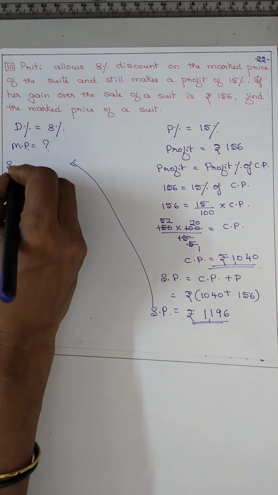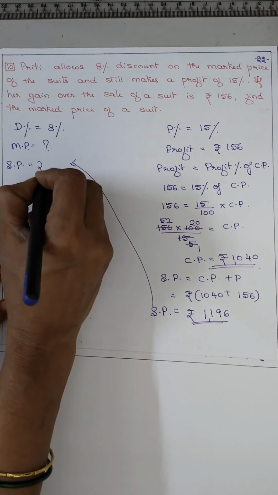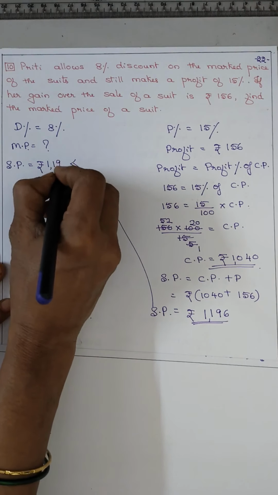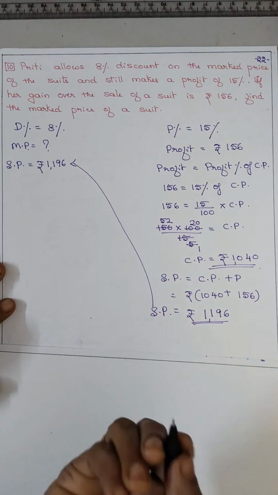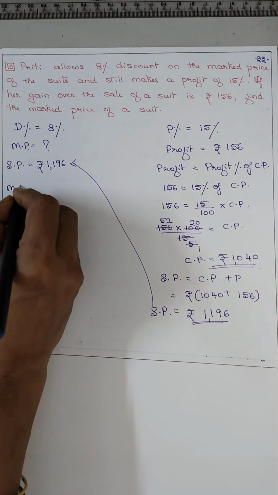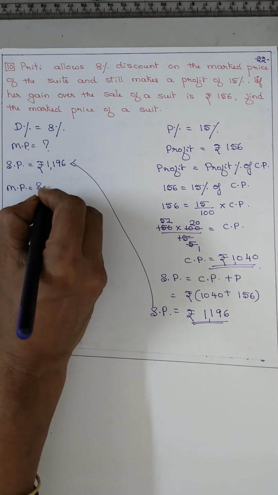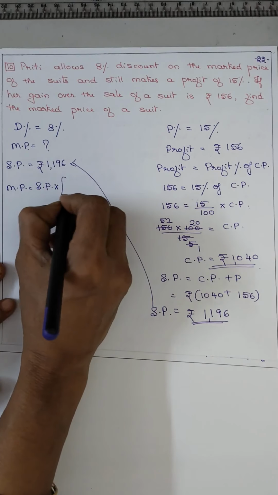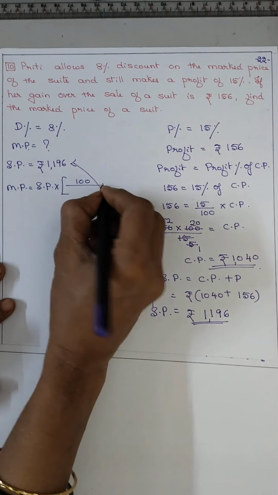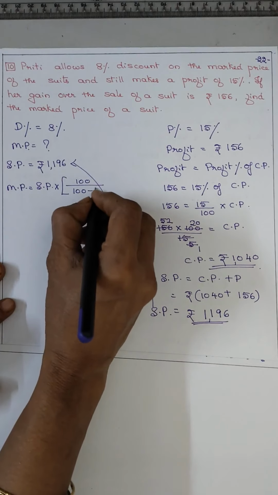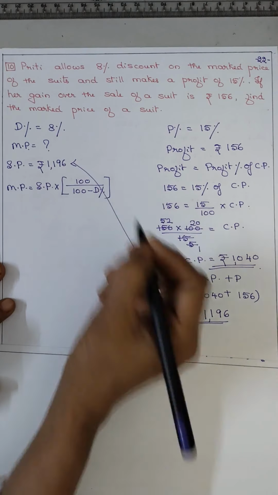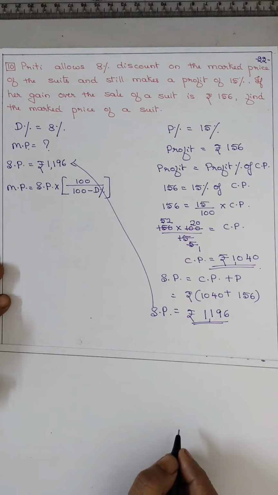Now take this SP here. So SP is equal to 1196. Now put the formula. MP is equal to SP into 100 upon 100 minus discount percent. Remember?